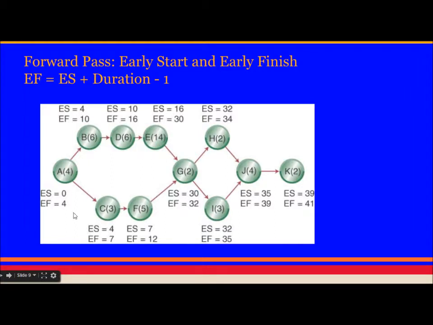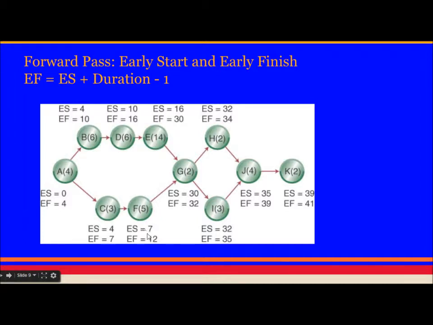Early start for A is 0 and early start for C is 4, because 0 plus 4 is 4. For F is early start for C plus the duration of C. 4 plus 3 is 7. So F can start only if C has completed.